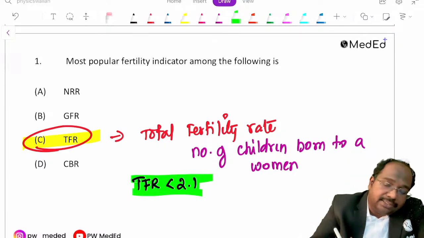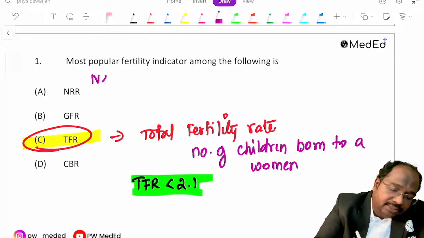The other one is NRR. NRR means net reproductive rate.